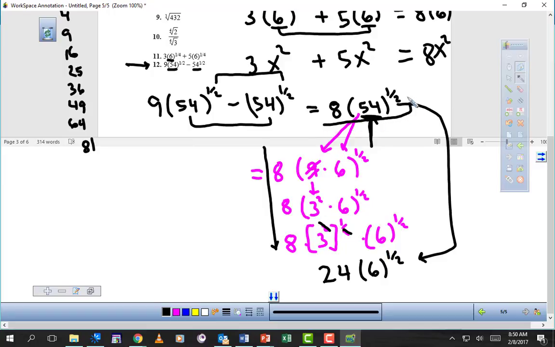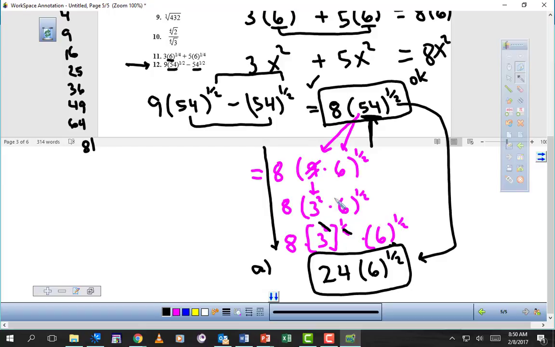Now, this answer would have probably been okay, depends on what the directions were. This is also an equivalent answer. Why do you need to know this? Well, sometimes when you take a state test, maybe this is one of your answers and it's multiple choice. They didn't write the answer like this.